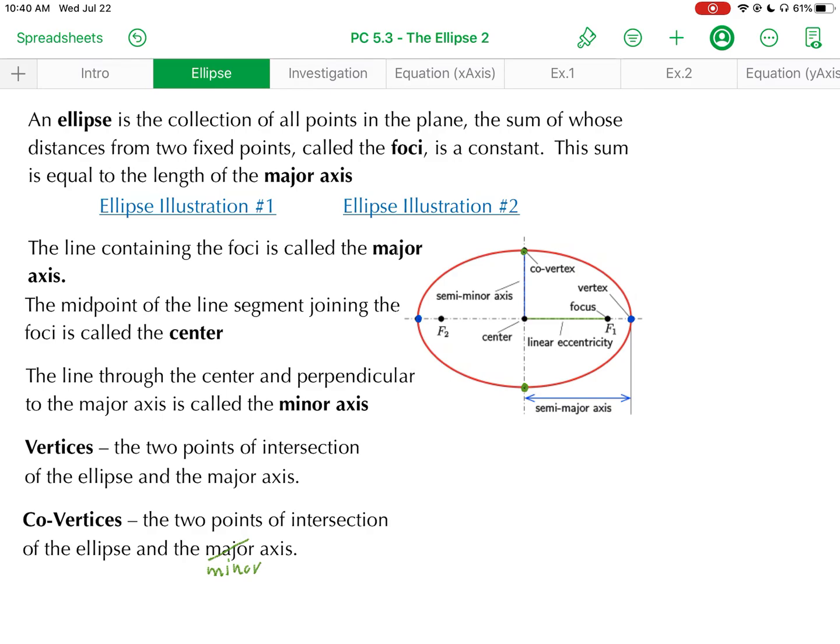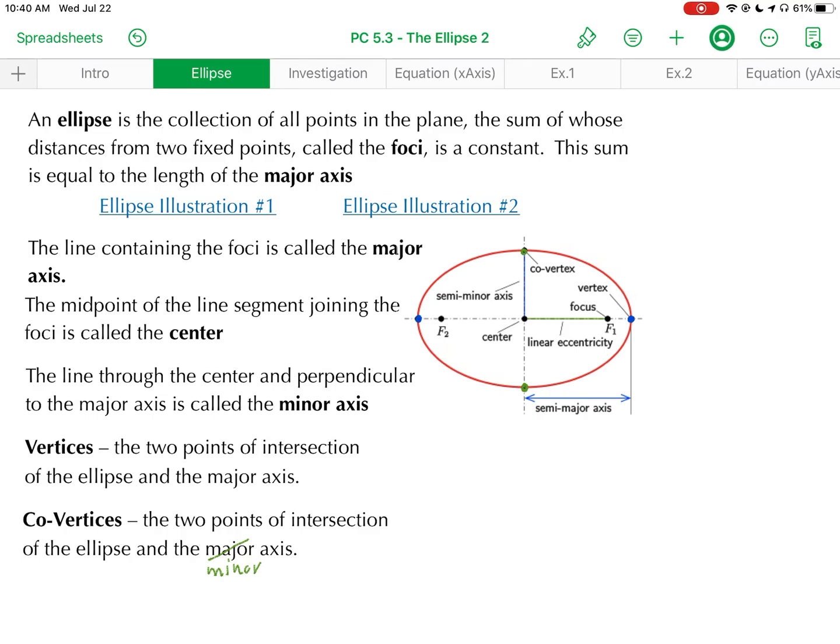The midpoint of the line segment joining the foci is called your center. So the center is literally halfway between the two focus points. And then the line through the center that's perpendicular to your major axis is called the minor axis. Right now the minor axis is a vertical line.